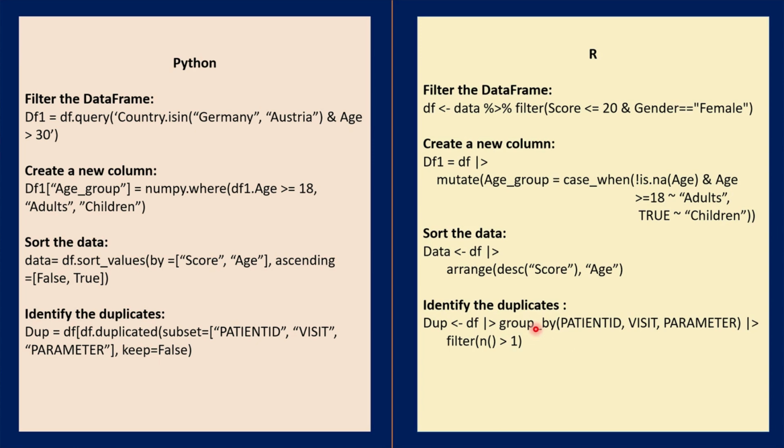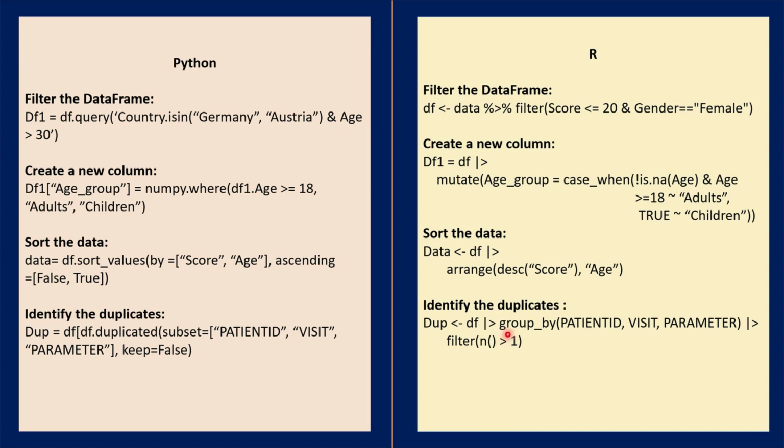So we group by the patient ID, the visit and the parameter, and I'm calling the filter function, and also calling n, the number of records based on this group by function. If anything is greater than 1, it will list all the duplicates. So in this way you can do it. Now, I don't want any duplicates and I want only the non-duplicates.